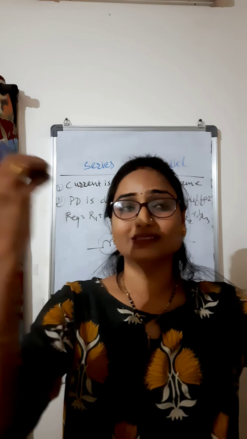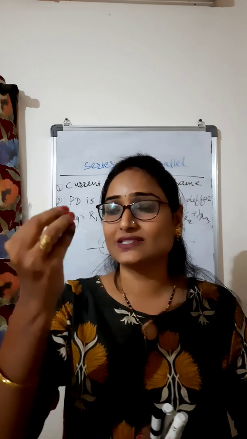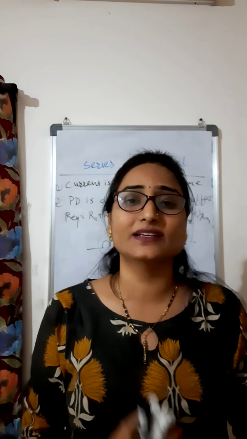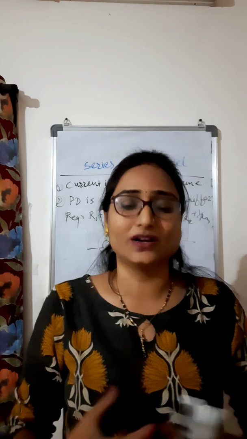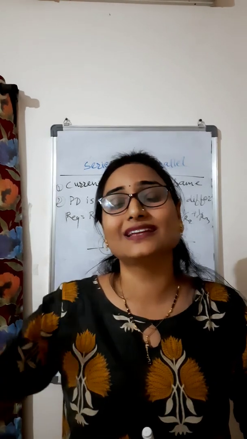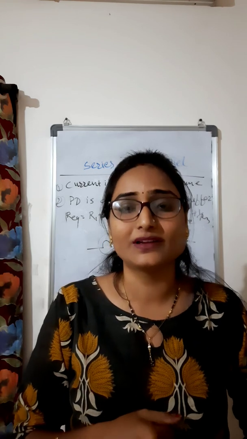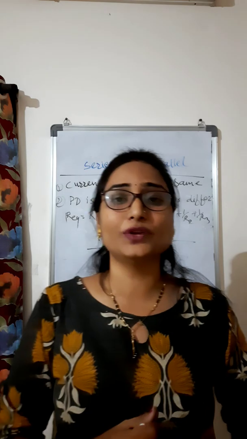Now see the other thing. In our homes, the TV, bulb, geyser and AC need different currents to work. A light requires only a small amount of current, while a geyser or AC requires more. But in series combination, the current flowing through each is the same.